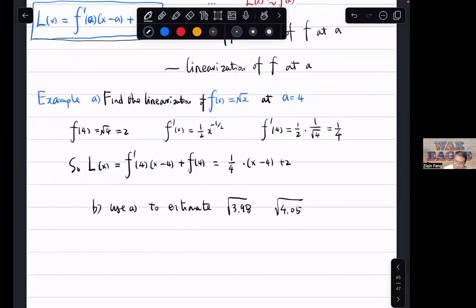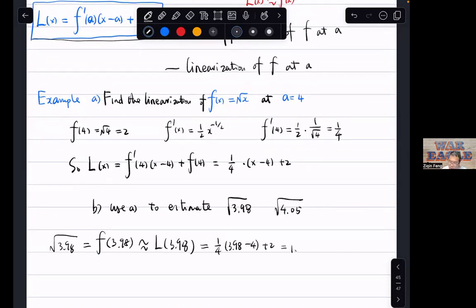The square root of 3.98 is f of 3.98, because our function is the root function. This number is very close to 4, so it can be approximated by L of 3.98. This is 1/4 times 3.98 minus 4, plus 2. If you evaluate that, this is 1.995. That's a good approximation with decent accuracy. Now, to approximate root 4.05, this is f of 4.05. You can see that 4.05 is very close to 4, so this can be approximated by L of 4.05.